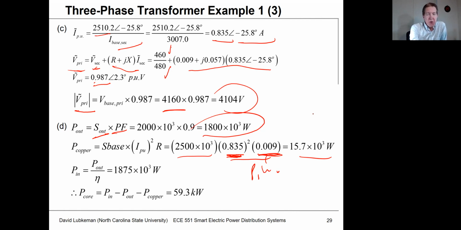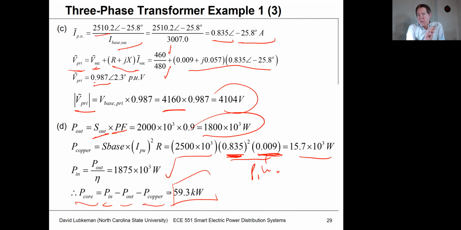And since I know that my power input is related to power output by the efficiency, the power in is going to be power out divided by efficiency, which is this number here. And then the core loss is basically power in minus the power out minus the P copper that I just calculated, where this core loss turns out to be 59.3 kilowatts.